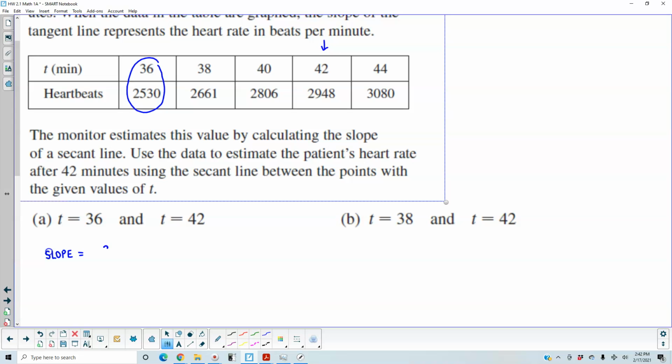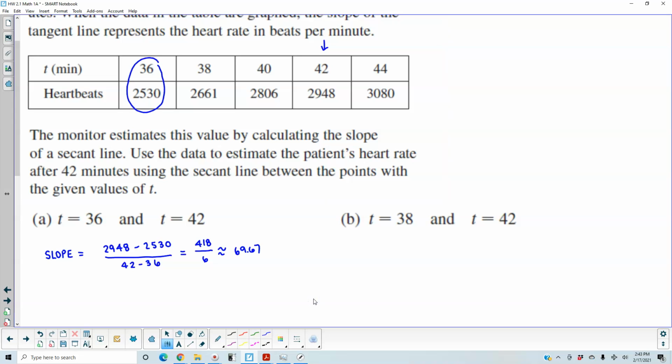So we take 2,948, subtract 2,530, divided by 42 minus 36 to give us 418 divided by 6, which gives us approximately 69.67.